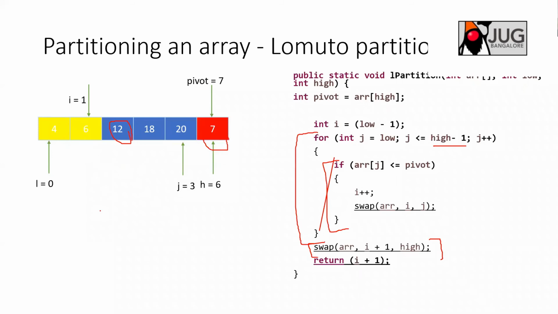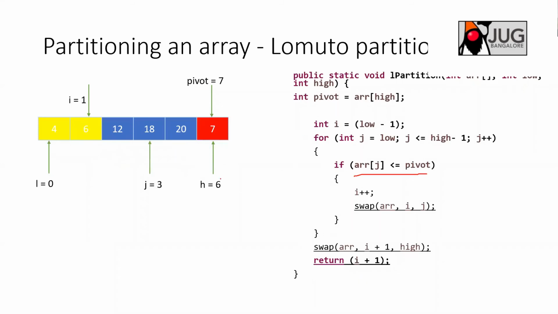Let me show. If you take 7 as a pivot, 7 should come here in the third place. So 4 is here, 6 is here, and 12 should come here, 18 here, and 20 here.